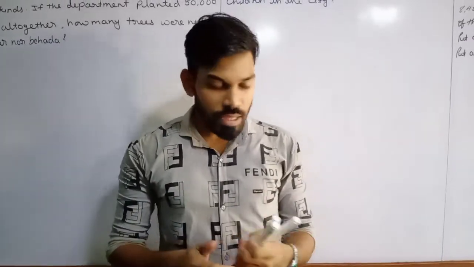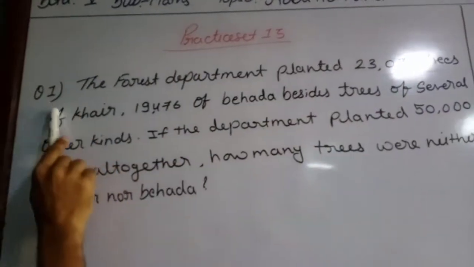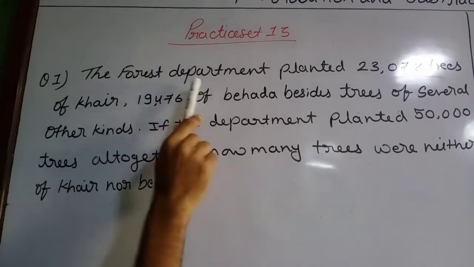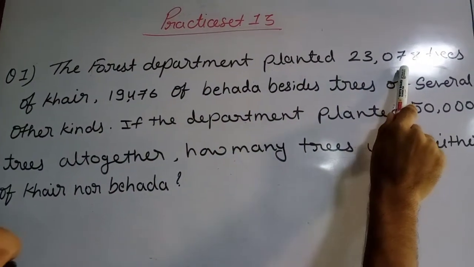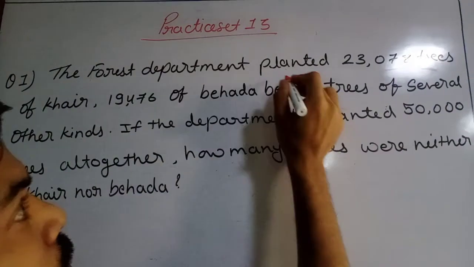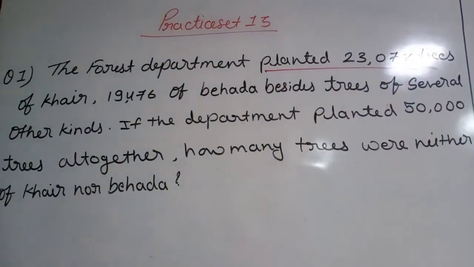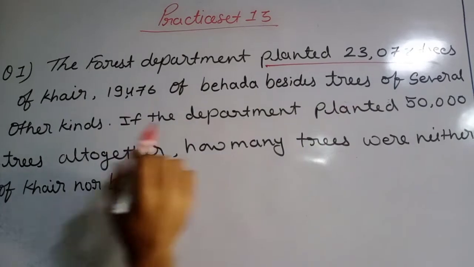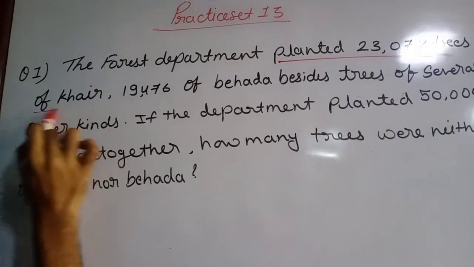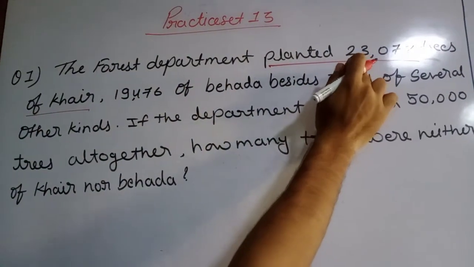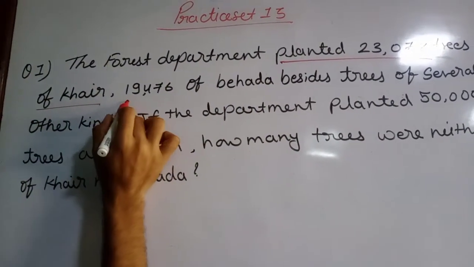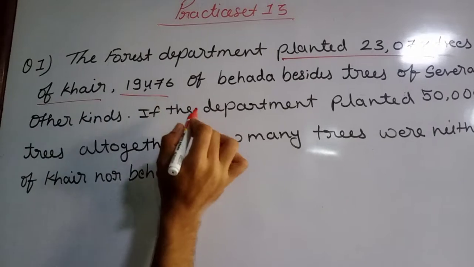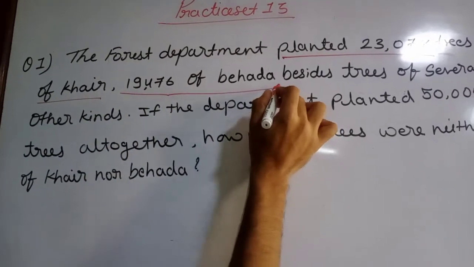So let's see. Here we have practice set number 13, question number 1. The forest department planted 23,078 trees of Khair, and 19,476 of Behda.